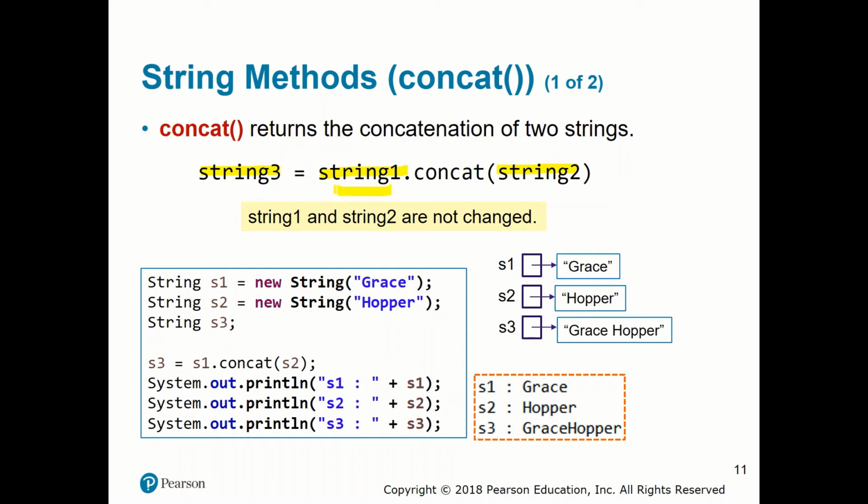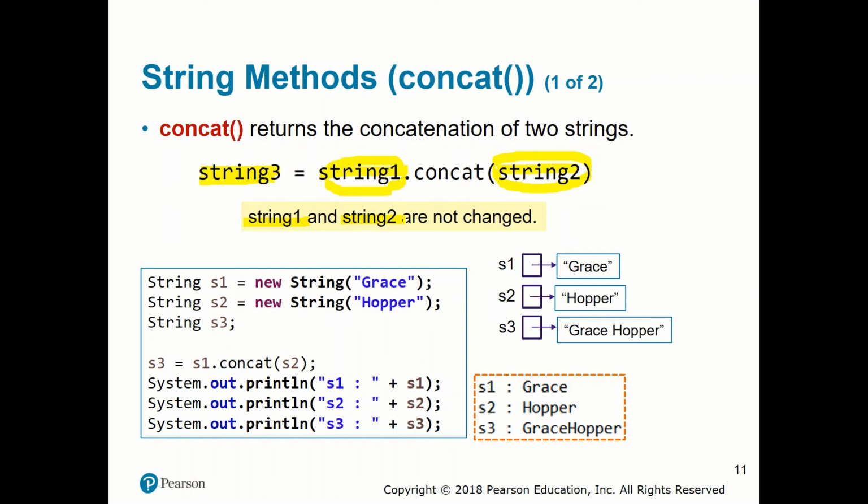So string 1 and string 2 are already existing strings, and string 3 will be created after concatenation. Here, string 1 and string 2 are not changed because a string is an immutable object.